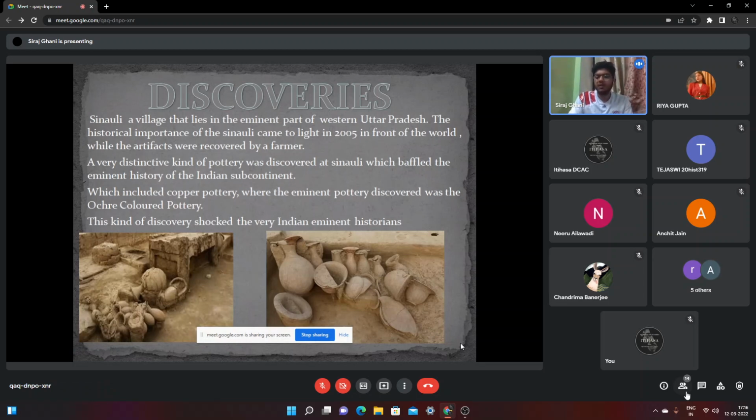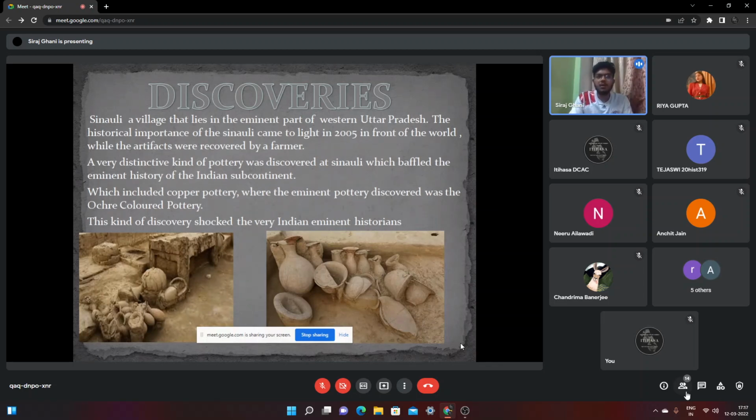He and the entire village were fascinated by the discovery, as it was quite new for them and they were not aware of what kind of pottery or stuff this was, as they were not literate about the fact that this was really important for history.